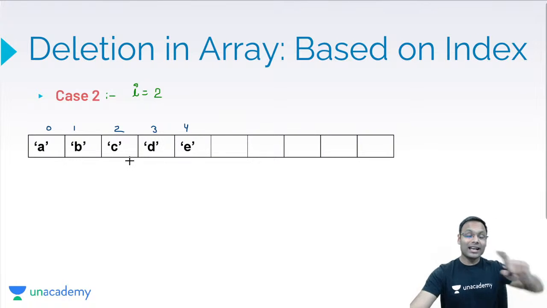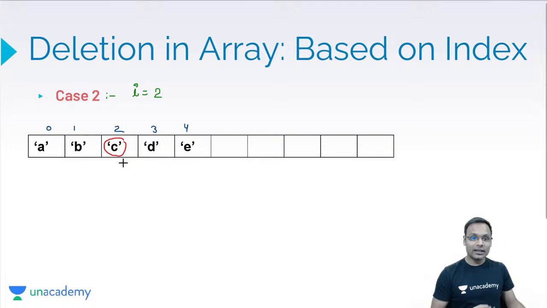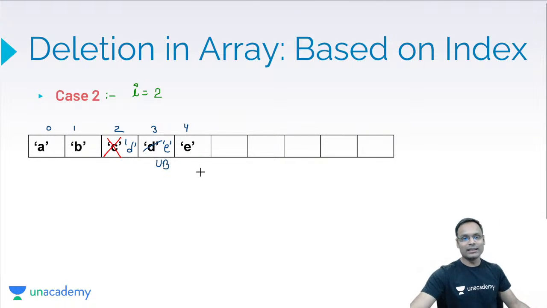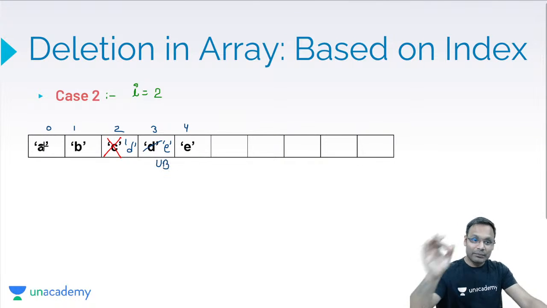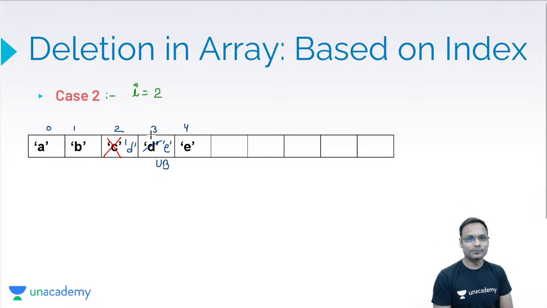What should I do? I'll have to shift. Suppose from the line, if one middle person is removed, other persons who are following that fellow should move one step ahead. So in this case, what I'll have to do is C will be replaced by D and E will be coming here, and upper bound will be coming up to this level only. That's it. So that I can have element A, B, D, E on the sequence 0, 1, 2, 3 indexes.